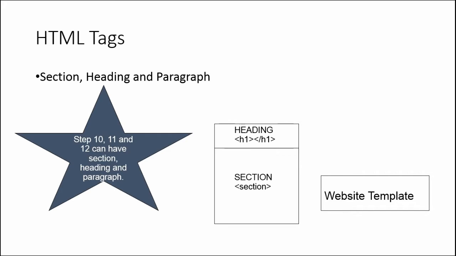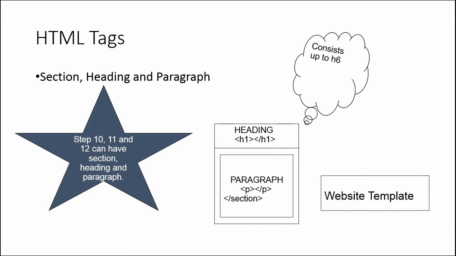After the heading, I will be providing a paragraph, but before that I want to let you know we can have headings up to H6. I mean to say that we can have a variety of headings from H1, H2, H3, H4, H5 and H6. Afterwards I can have the paragraph and then the end of the section. I think you got what I actually want to depict, isn't it?